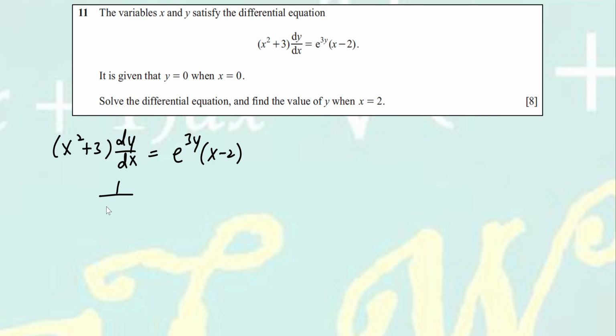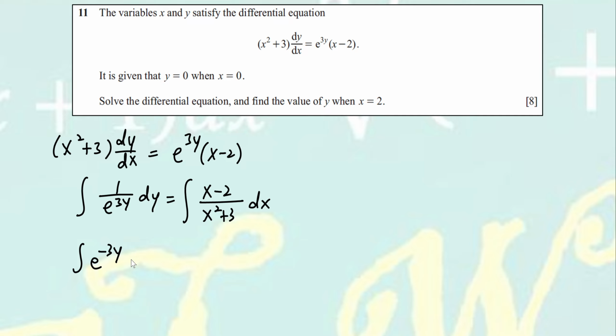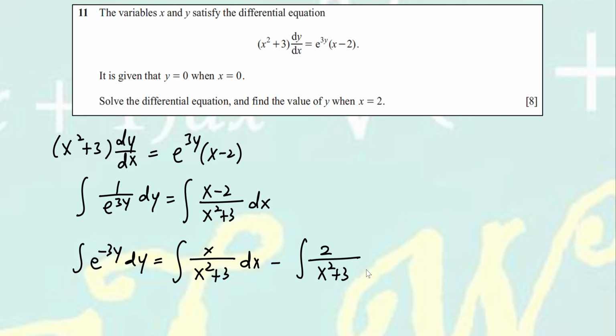So it becomes 1 over e3y dy equals to x minus 2 over x squared plus 3 dx, and integrate both sides. So for the left hand side, you can change to e negative 3y. And then for right side, because you have two terms in the numerator and two terms in the denominator, I will split. So x over x squared plus 3 dx minus integrate 2 over x squared plus 3.